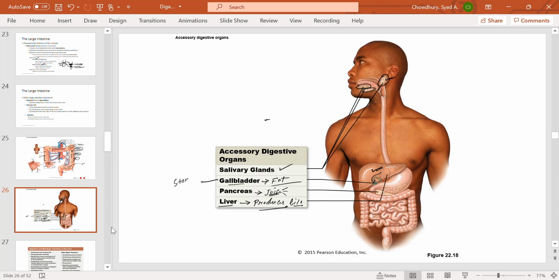And when it is stored there, water is absorbed. That means the bile will get concentrated, water will be taken out. So concentrating the bile. These are two important functions of the gallbladder: storing and concentrating the bile. And when required, it will contract to eject the bile into the duodenum. And the liver produces and secretes bile.